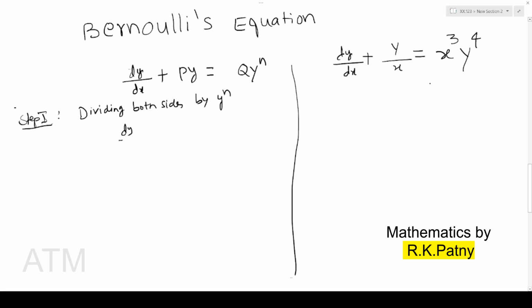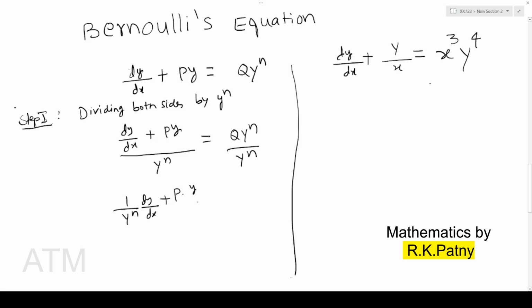So we get dy by dx plus py upon y raised to n equals q into y raised to n upon y raised to n. This becomes 1 upon y raised to n dy by dx plus p into y upon y raised to n equals q. This can be written as y raised to minus n dy by dx plus p into y raised to 1 minus n equals q.